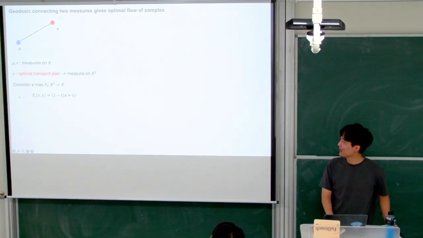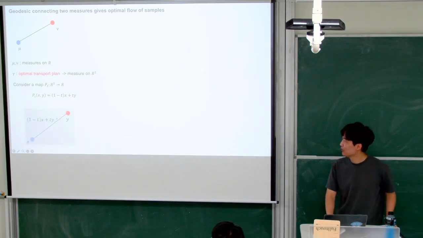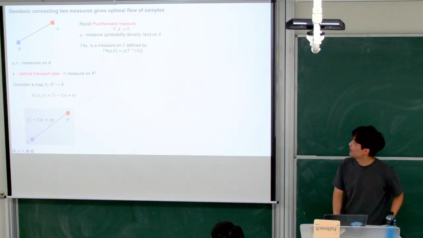So given x and y, we get this. This is motivated from the geodesic in the plane. Then let's recall the push forward measure from one space to another. You move a probability density from one space to the other.